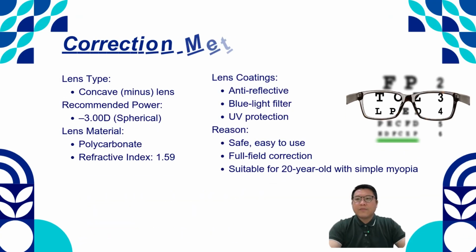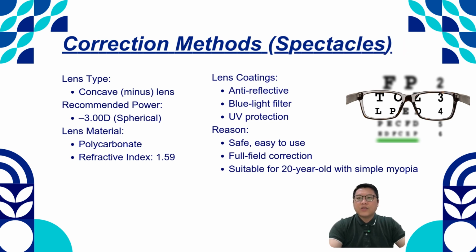The primary correction method recommended for this patient is spectacles with a concave lens of -3 diopter. The chosen lens material is polycarbonate, which is lightweight, impact resistant, and provides good optical clarity. The refractive index is 1.59, offering a thinner and more comfortable lens profile.